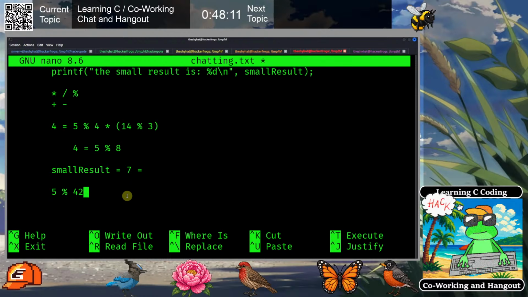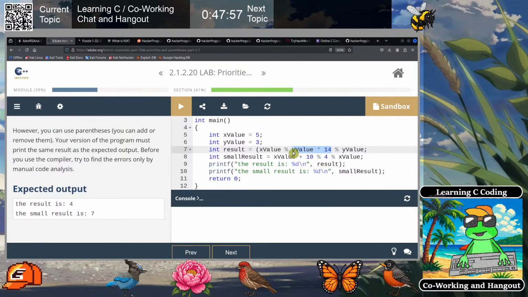And 5 minus 42 is 37. So if it's 37, modulo 3. Yeah, that's not going to work.